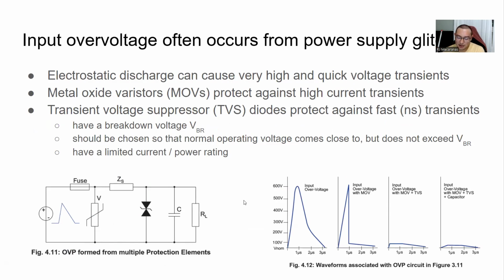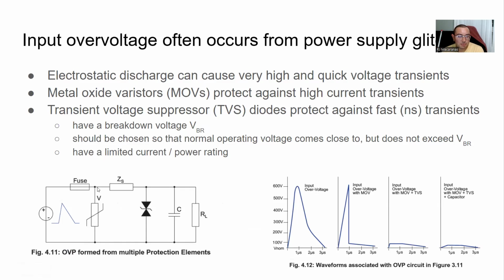Another thing that we often look at are lightning strikes, but these are a little bit more complicated to protect against. In any case, there are two main devices that are used to protect against these. First of all, we have metal oxide varistors. I actually haven't seen these in practice, but the book mentions them, so I'll talk about them here.